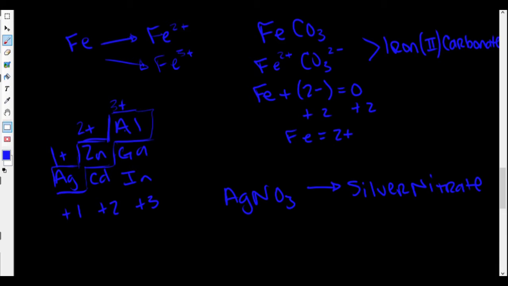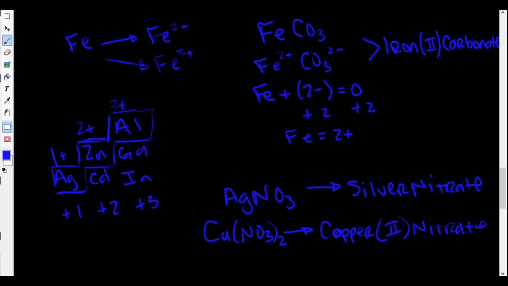Whereas if we're thinking of something like Cu(NO3)2, you have to denote that that's copper 2 nitrate. And I found that out because Cu plus 2 times nitrate, which has a -1 charge, equals 0.